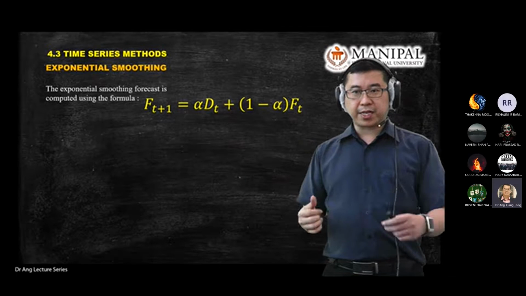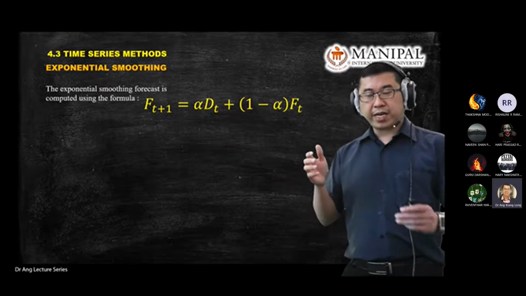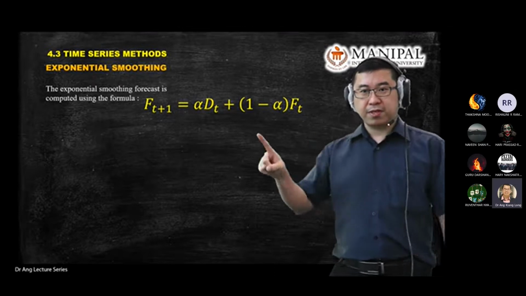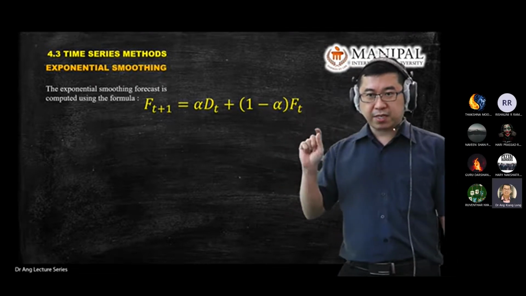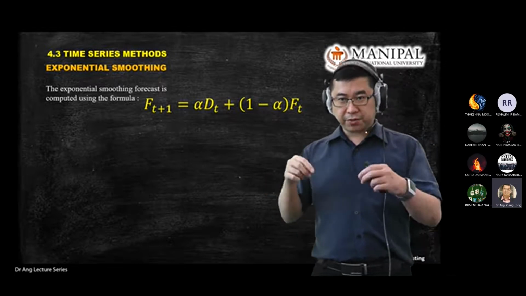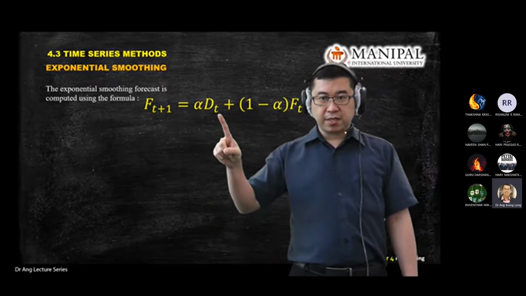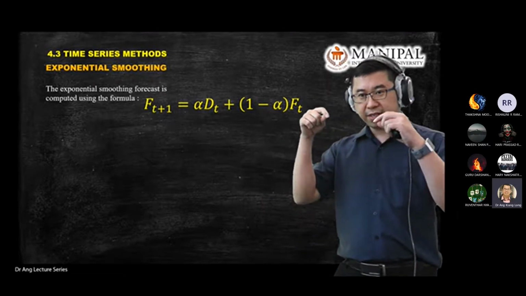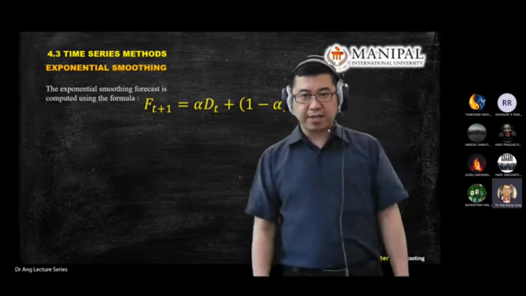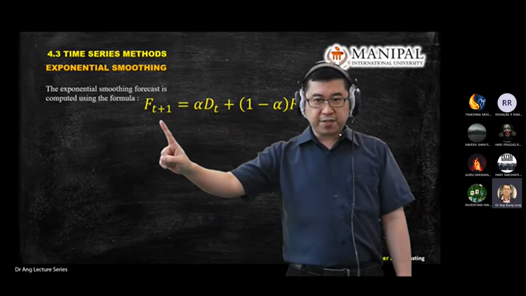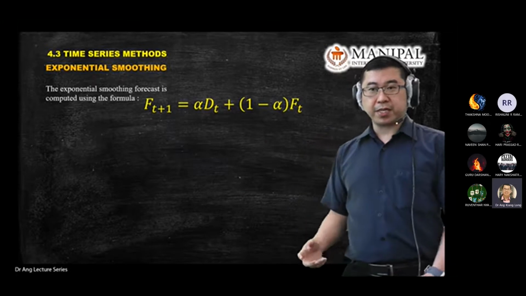Now in mathematics, the time now, we use t, so F sub t. If you use t, it means present, the now data. F sub t plus 1, what does it mean in mathematics?